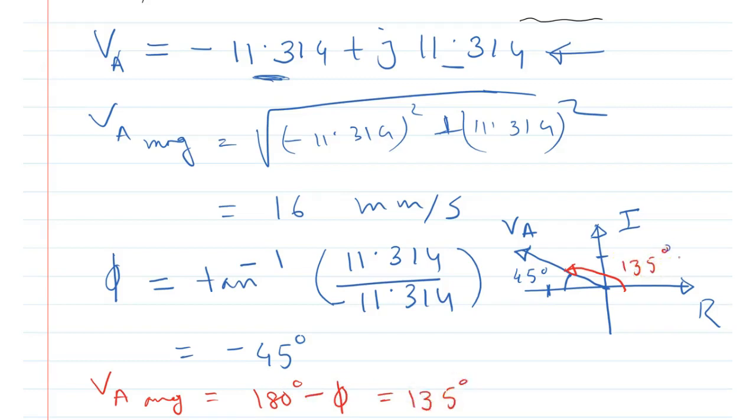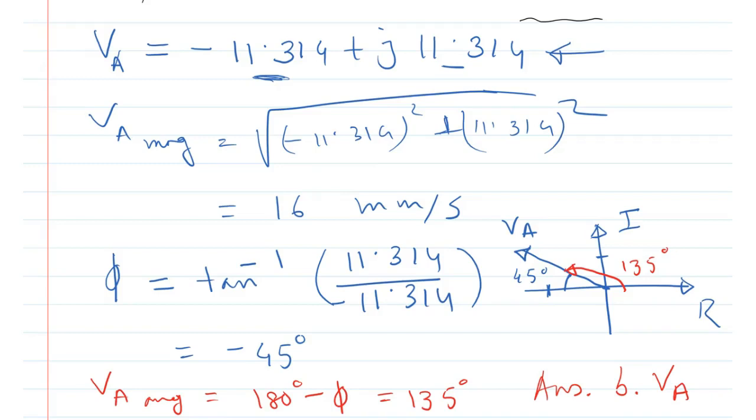That would be our answer for part B, where you are asked to find VA. So we found the linear velocity of pin joint A in terms of magnitude and angle.